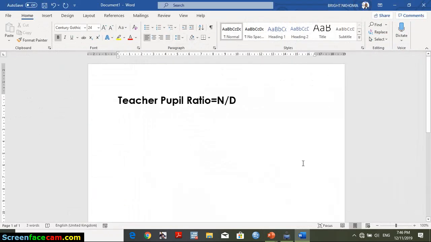Okay, we are able to see now, right? So a ratio has got the numerator and the denominator. Let me list all of them, then from there we'll start discussing one by one.